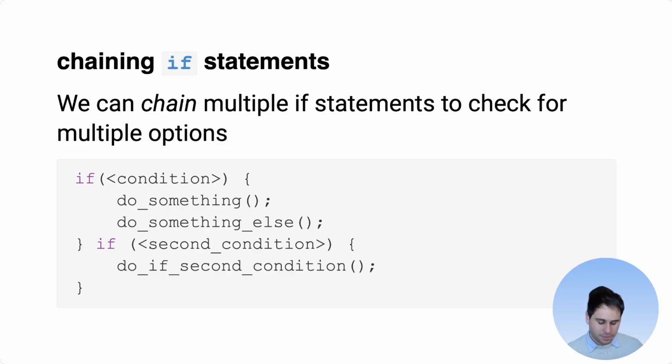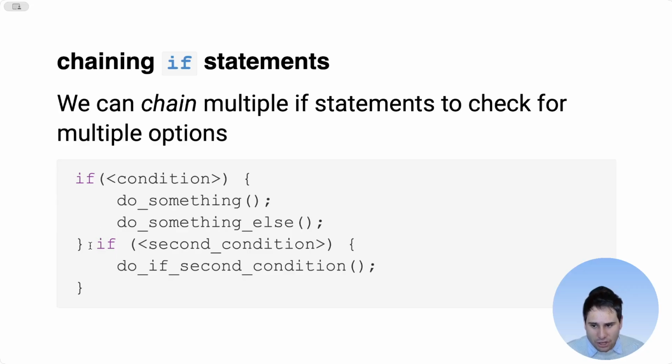All right. Another thing we can do is chain if statements. Okay. So sometimes you want something like banding. So if the user's less than 18, you want to do something. If the user's between 18 and 21, you want to do something. And else you want to do something else if they're over 21, for example. So chaining if statements lets you do something like this.